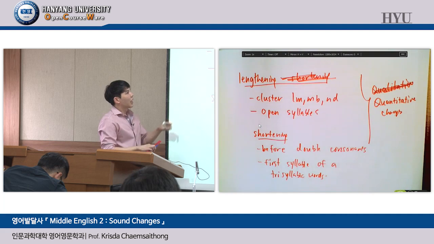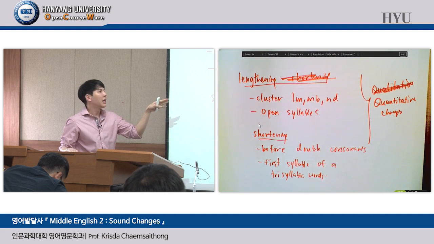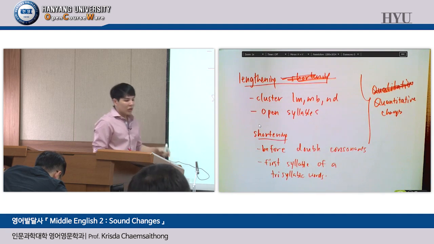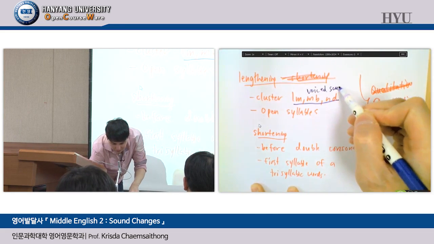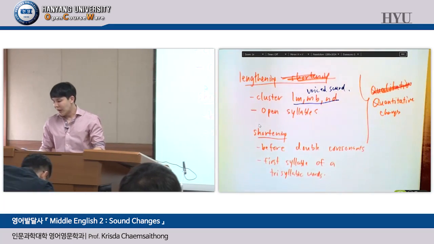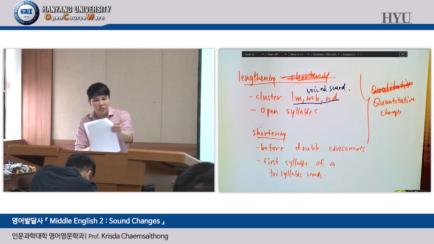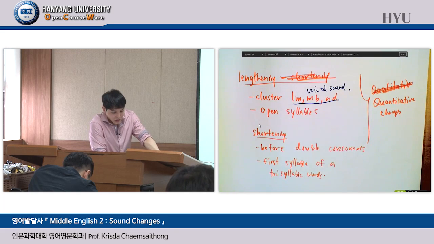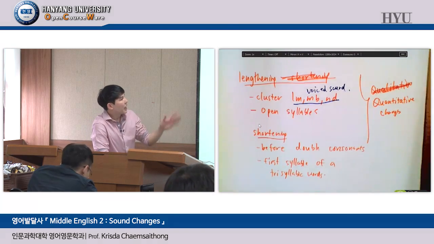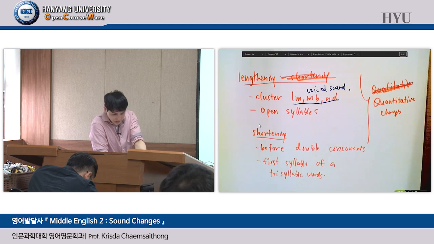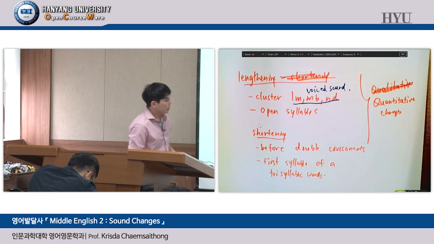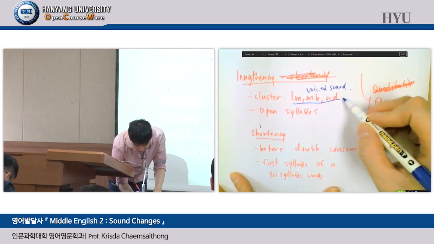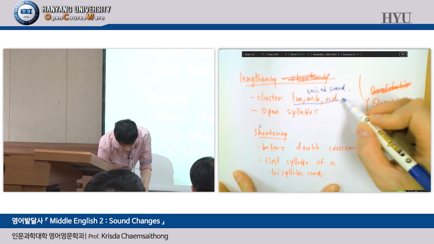In clusters like LM, MB, and ND, in this kind of cluster, you'll notice that these are all voiced, right? So when a vowel occurs in one of these clusters, it will become lengthened, right? It will be lengthened. And also LD.